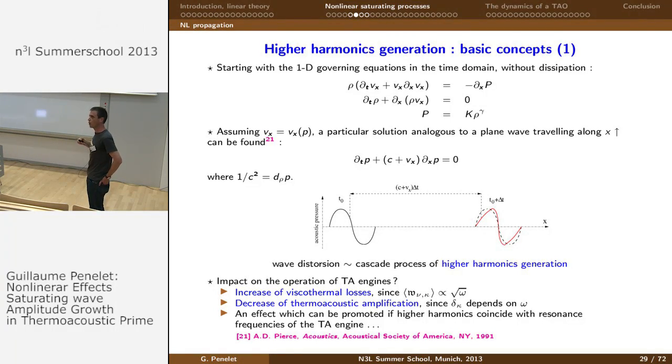So after some distance of propagation, the wave will be distorted. And in terms of frequency, this means finally that we have a cascade process of higher harmonic generation. And this should impact the efficiency of a thermoacoustic engine because the losses are proportional to the square root of the frequency. So if we have a spectral enrichment, we also have an increase of the losses.